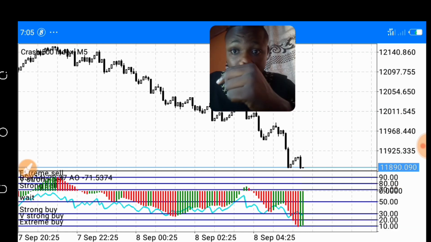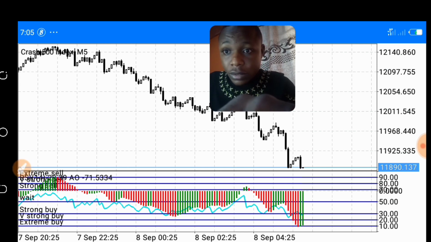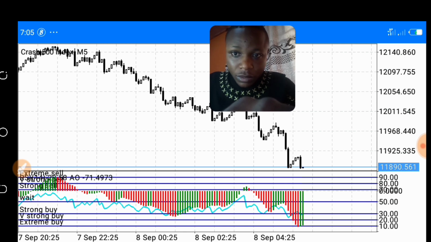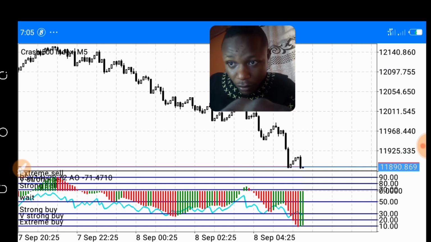You can also use this awesome oscillator with these levels of RSI. You can see the awesome oscillator is telling us extreme buy right now, but the RSI is telling us strong buy. It's on the strong buy line.